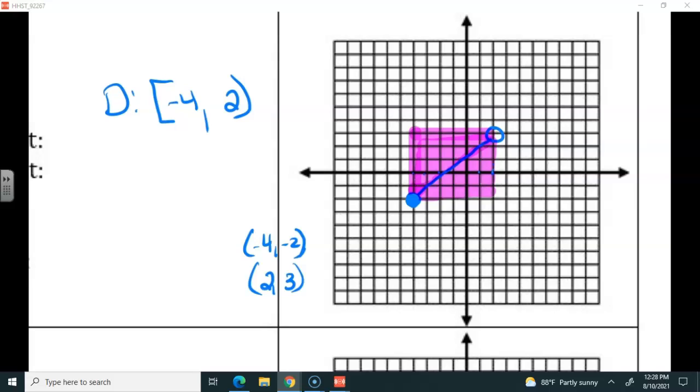Okay. Then if we wanted to look at how far down to up it went. Okay, so we're going to look up and down. So in that case, we're going to go from -2, that's the lowest part here, up to 3.